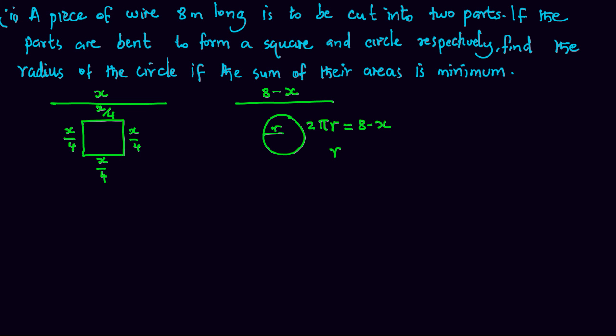R in terms of x will be equal to (8 - x) over 2 pi.